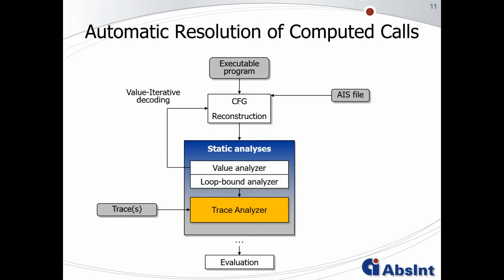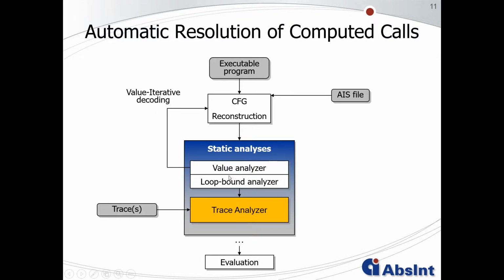You know that we always start with decoding the executable program or the tasks that we are analyzing. So we reconstruct the call and control flow graph first. And here the challenge is to resolve dynamic computed calls. In the past, we provided a feature called ValueAnalyzer Decoding.